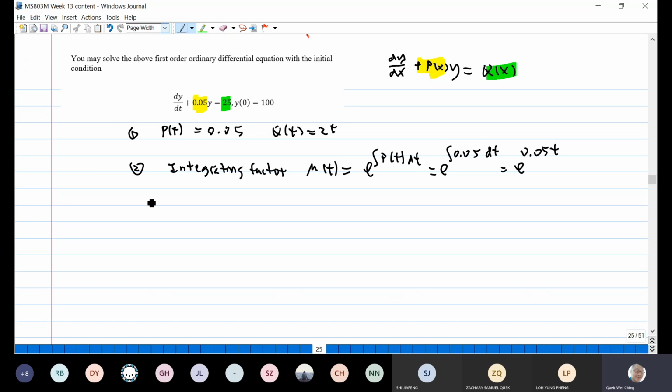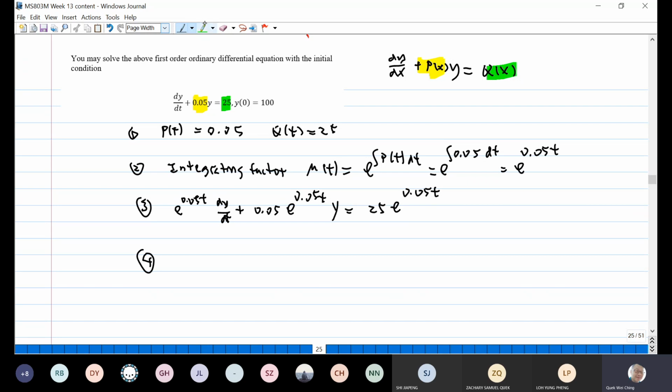Then take the equation and multiply by e to the power 0.05t: e^0.05t dy/dt plus 0.05 e^0.05t times y equals 25 e^0.05t. You multiply everywhere throughout.